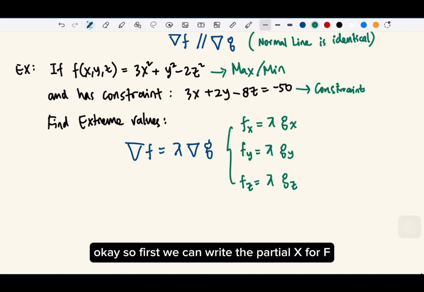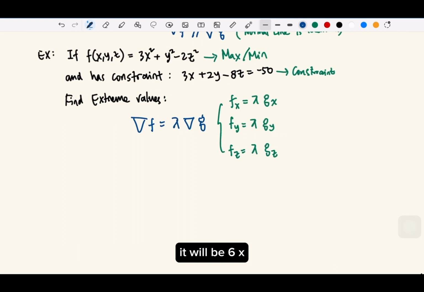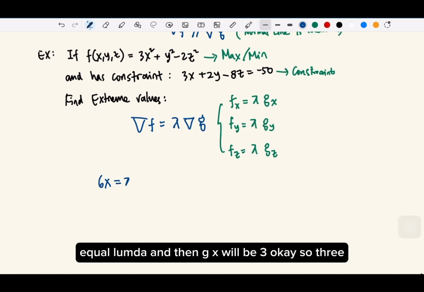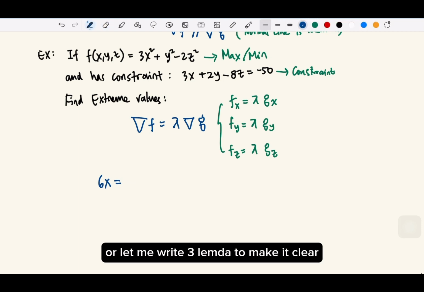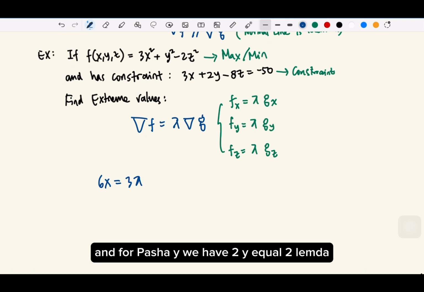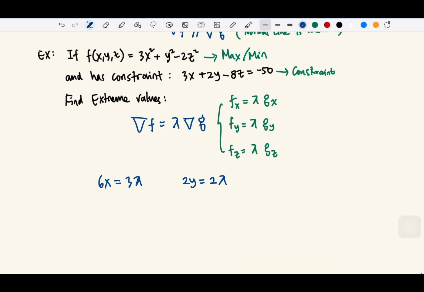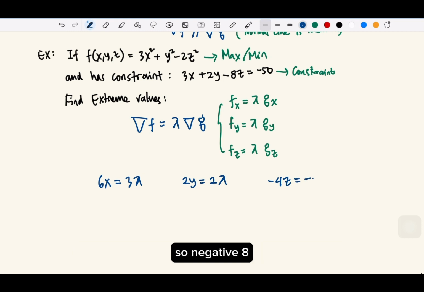Okay, so first we can write the partial x for f. It will be 6x equals lambda, and then g_x will be 3. Or let me write 3 lambda, to make it clear. And for partial y, we have 2y equals 2 lambda. And for z, we have negative 4z equals negative 8, so negative 8 lambda.